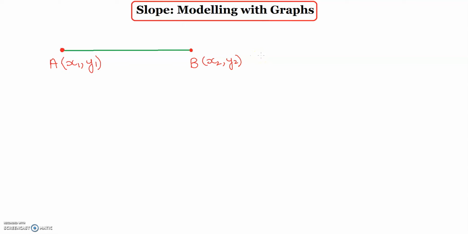So slope is lowercase m equals delta y, the difference in the values of y, over delta x, the difference in the values of x, or rise over run.